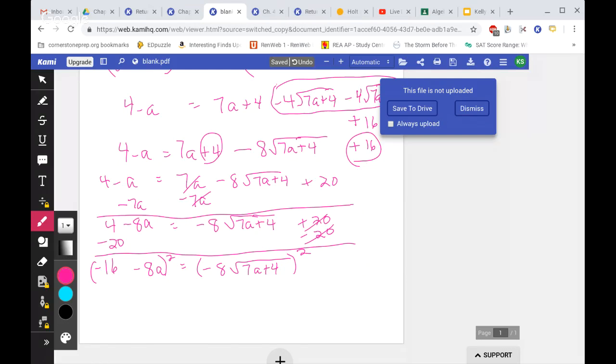You know what I think I'm going to do? I don't think this breaks any rules either. I can't think of any rules that this breaks. Instead of squaring both sides first, I think I'm going to divide both sides by -8. That'll make this prettier. And now square it.